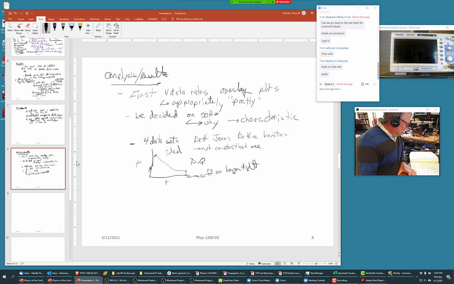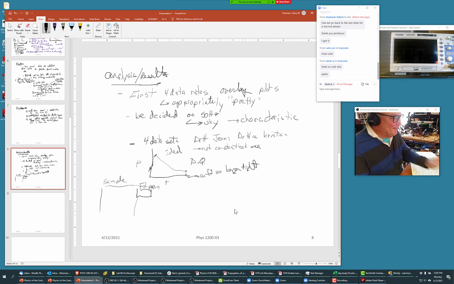Then let's see. Right, so you would also say here's just a sample of the data table. And don't forget there's the fit parameters.